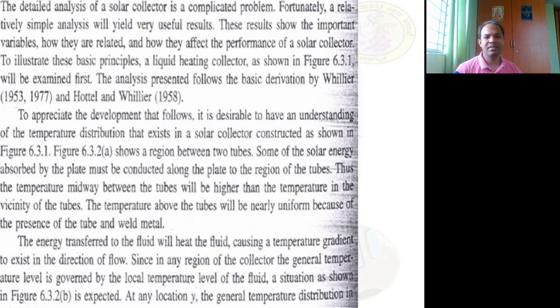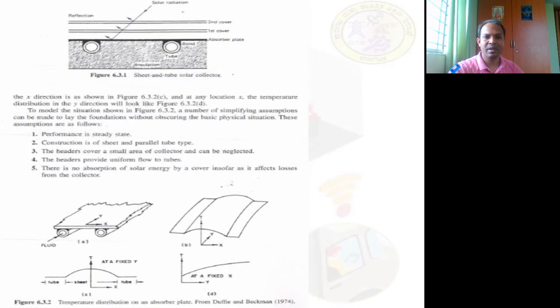Since in any region of the collector the general temperature level is governed by the local temperature level of the fluid, a situation as shown in the figure is expected at any location of y. The general temperature distribution is given here like this, as we can see.